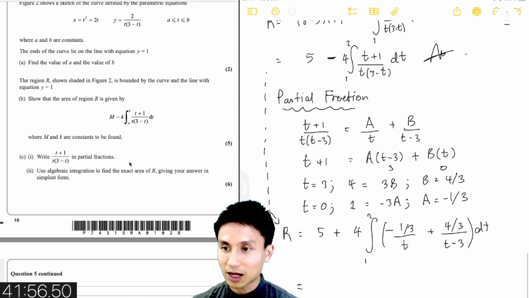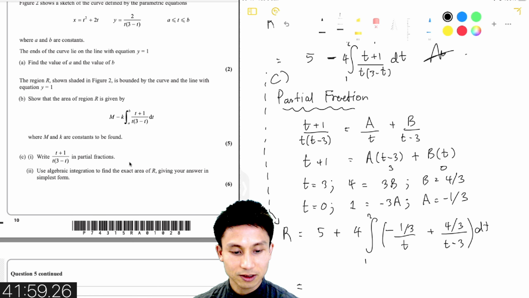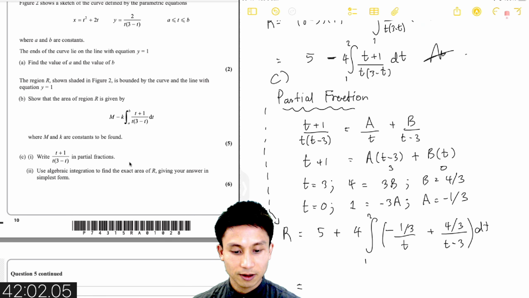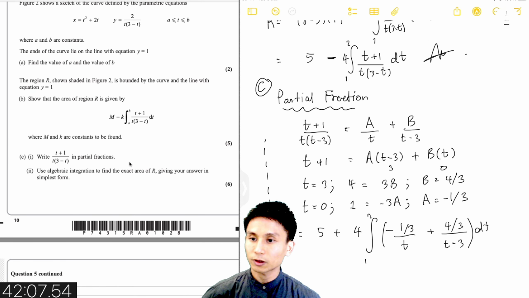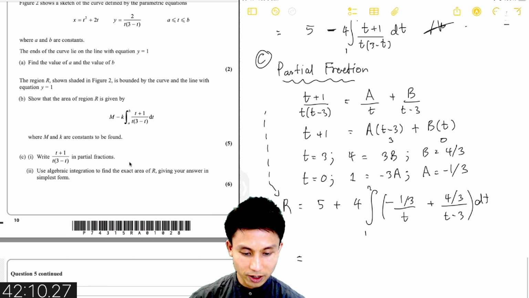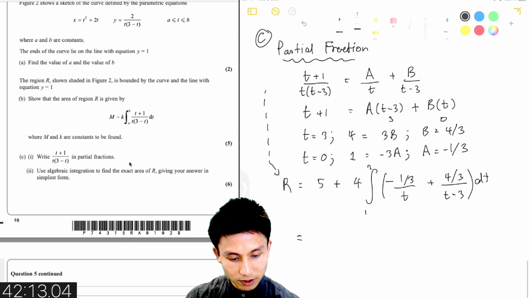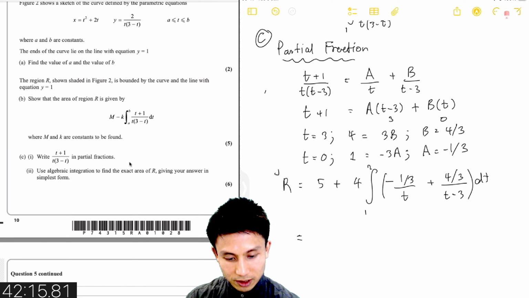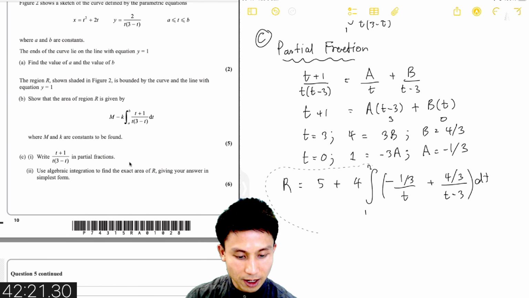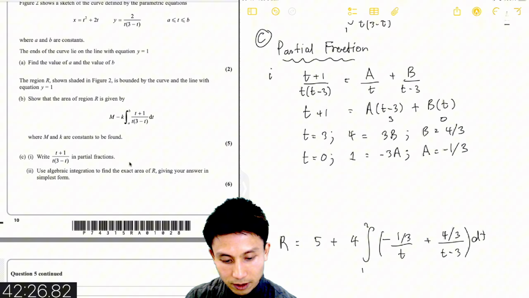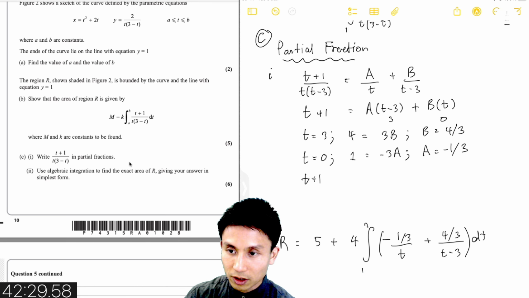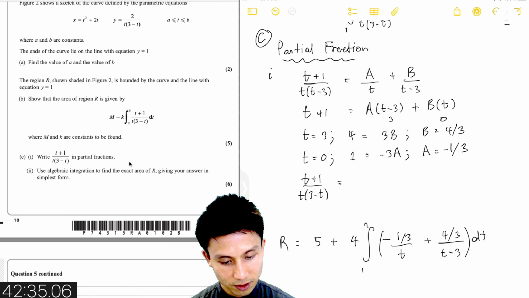And then for C, partial fraction. Write that in partial fraction. So I already have it here. Let me just tidy up a little bit. I'm going to move that down so that I can write the answer to C I. So t plus 1 over t times 3 minus t would be equal to, well, hang on.